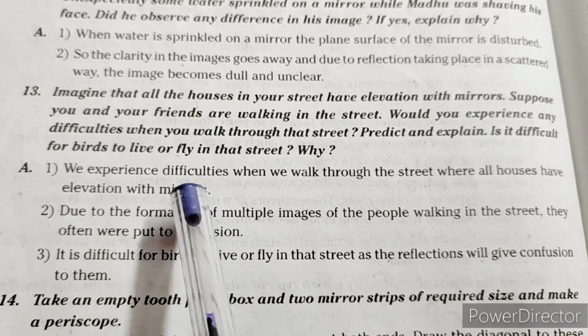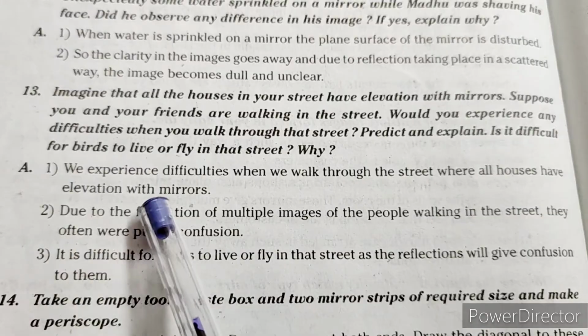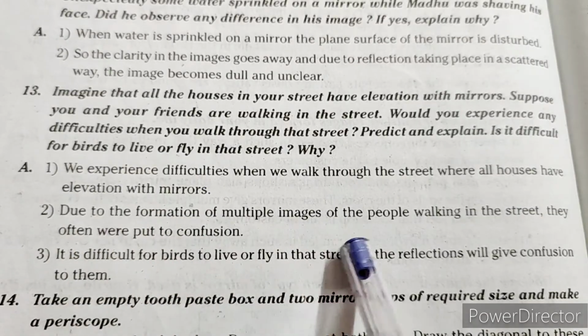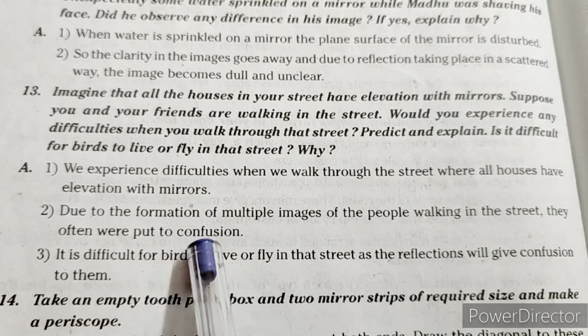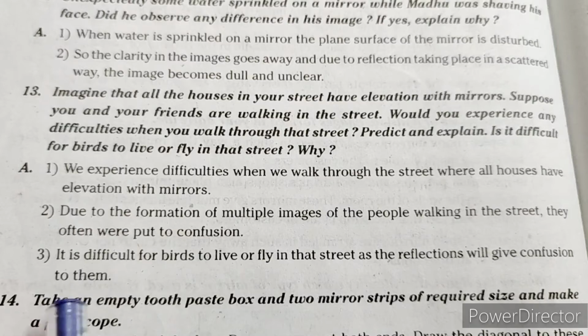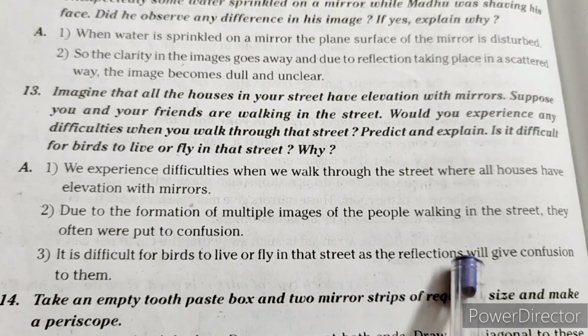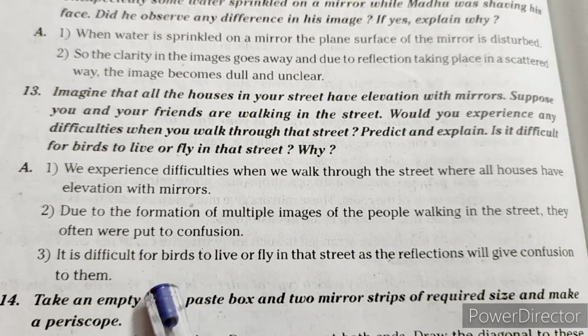We experience difficulties when we walk through the street where all houses have elevation with mirrors. Due to the formation of multiple images of the people walking in the street, they are often put to confusion. It is difficult for birds to live or fly in that street as the reflections will give confusion to the birds.